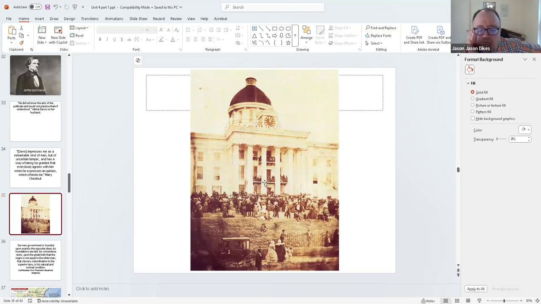This is the swearing in of Jefferson Davis in Mobile, Alabama. For some reason, they're going to move the Confederacy to Virginia. We'll get to that in a second. Primarily for, and this isn't on your study guide, but I'll go ahead and tell you, one, there were fewer mosquitoes in Virginia than there were in Alabama.